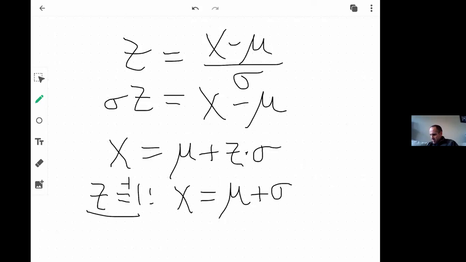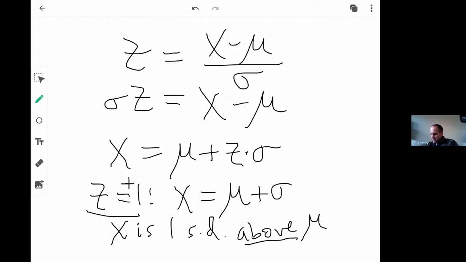I'm putting a little plus right here to remind us that this is plus 1. So this means that x is 1 standard deviation above the mean. And let me circle this plus again to remind you of that.